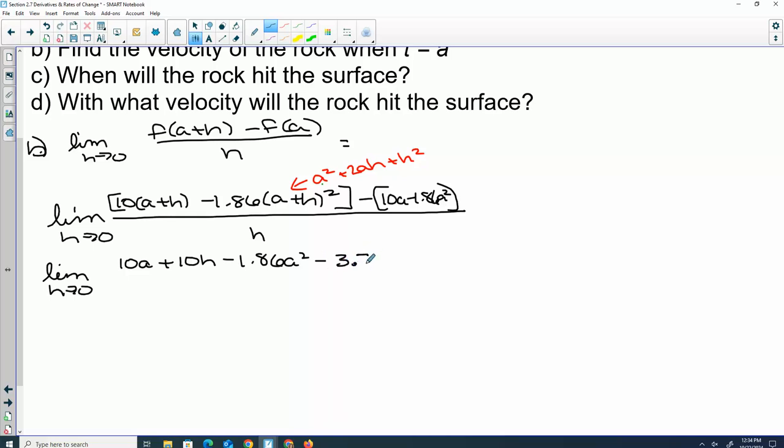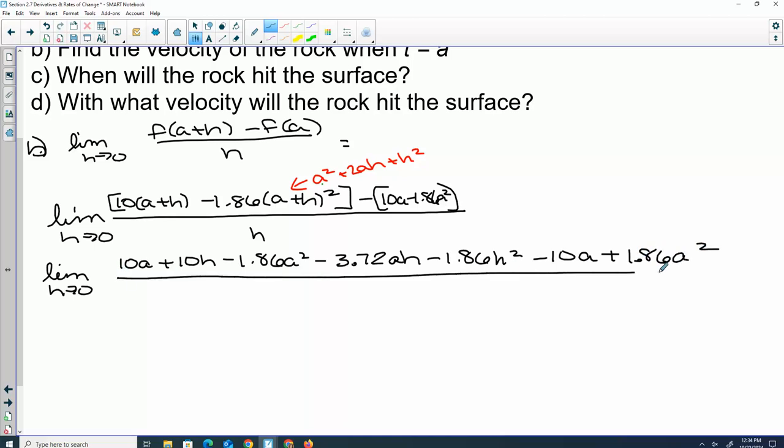Wait, are we not plugging the A in? No, I said I'm doing part B first. I heard that, but then I moved. Oh, yeah. Okay. H squared times negative 1.86 gives negative 1.86H squared. Then we have our minus 10A plus 1.86A squared, all over H.